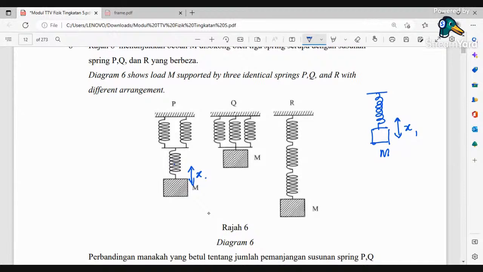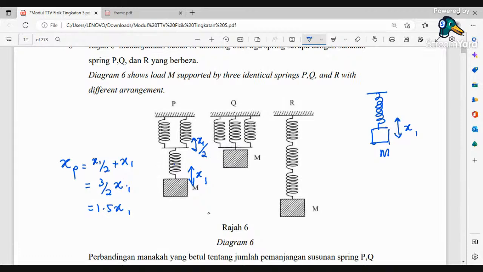And then these two springs in parallel share the load, meaning the extension here will be divided by half, x1 divided by 2. So total extension for P is x1 over 2 plus x1, meaning 3 over 2 x1 or 1.5 x1.